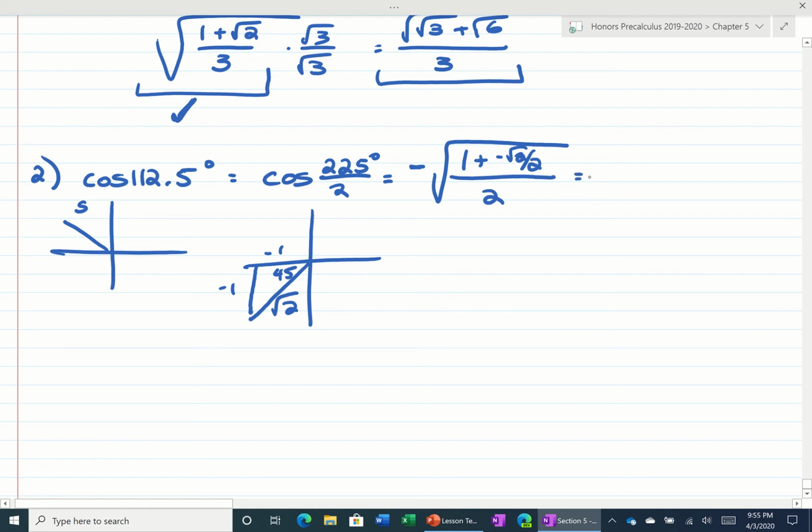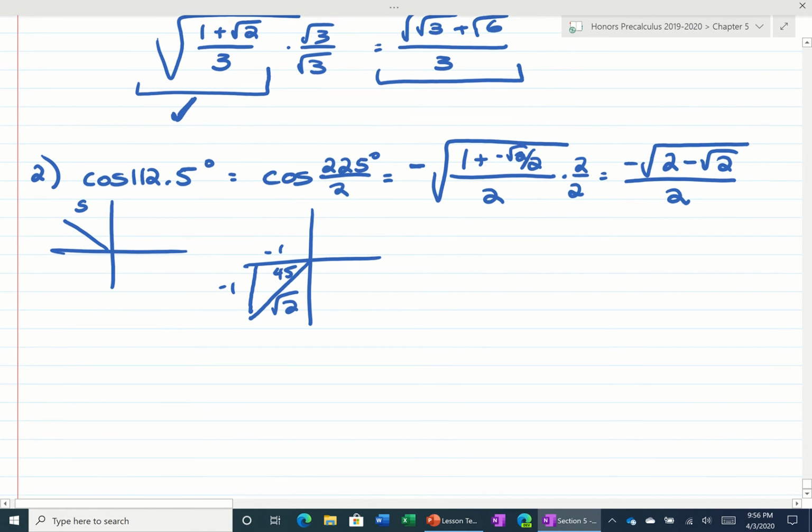So cleaning this up, it would be negative, we can multiply top and bottom by 2. We would get negative square root of 2 minus root 2 all over square root of 4, which is just 2. So that would be the answer.